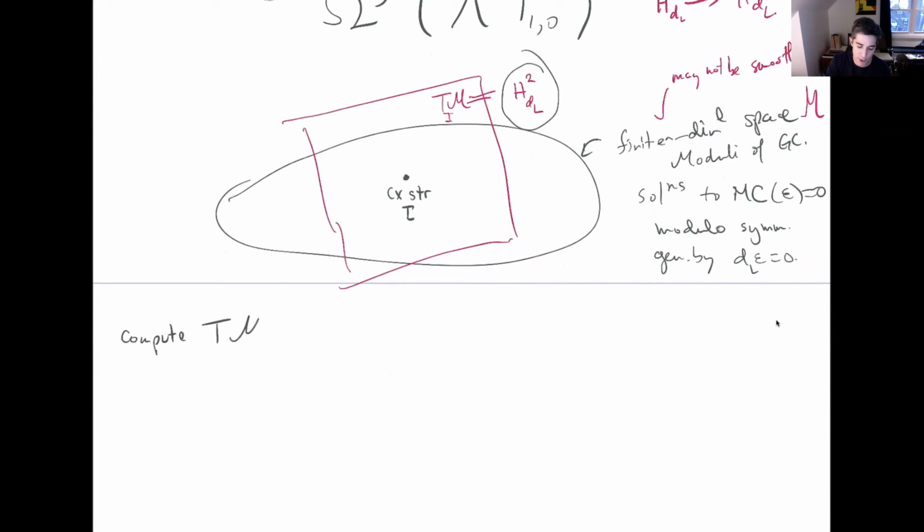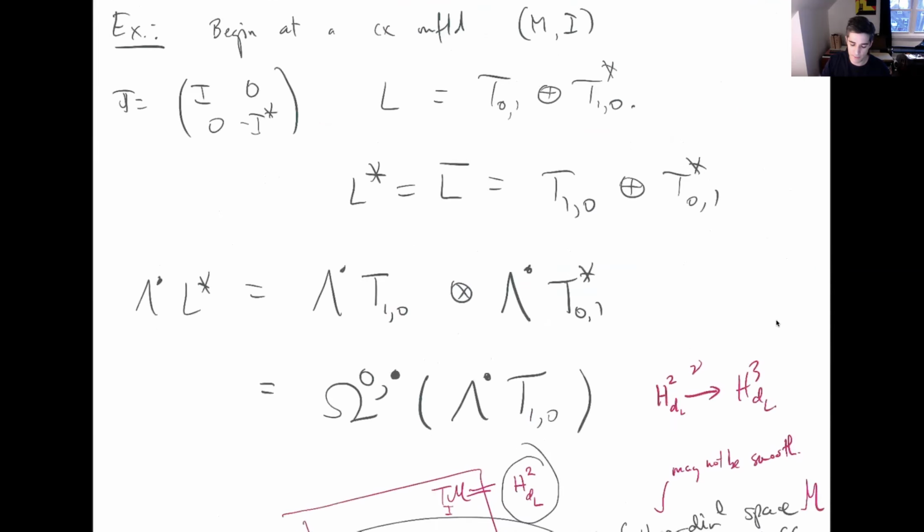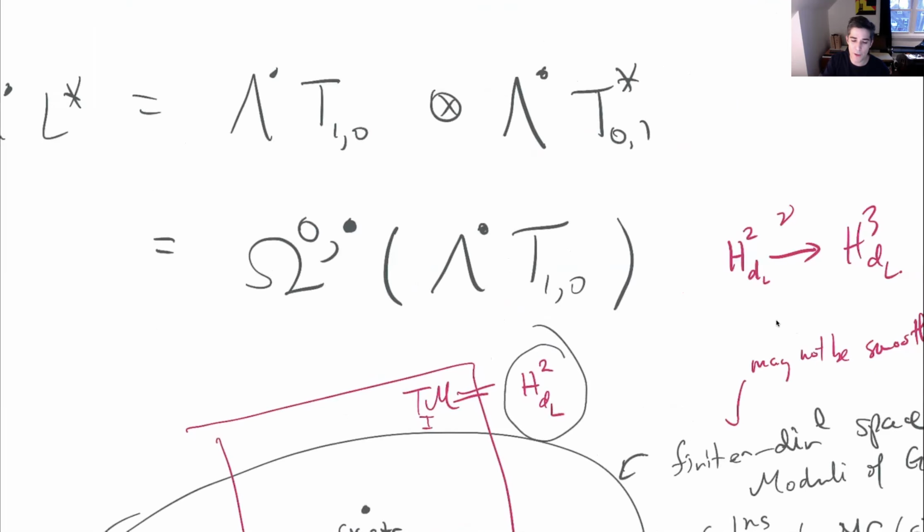I'm going to compute the tangent space to the moduli space of GC structures at a complex structure. This will be H2 DL, which is going to be the cohomology of this thing, so it's the Dolbeault cohomology.